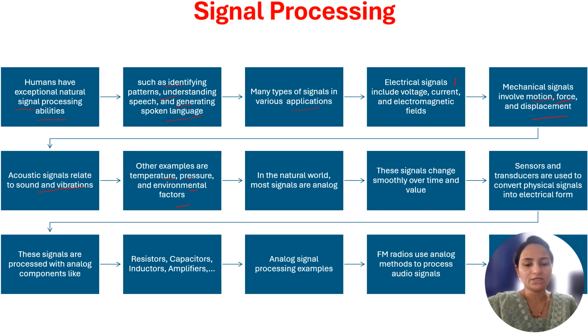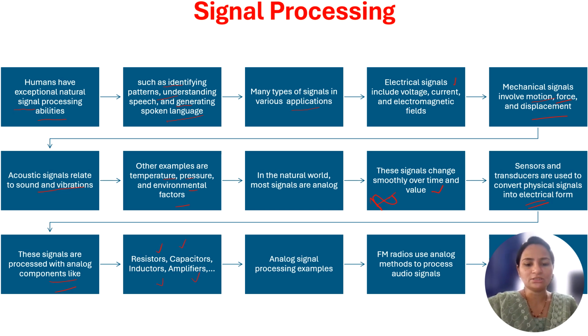Then the natural world has most signals in the form of analog signals. These signals change smoothly over time and value. Now, with sensors and transducers, we convert a physical signal into electrical form, analog signals. These signals are processed with analog components like resistors, capacitors, inductors, and amplifiers.